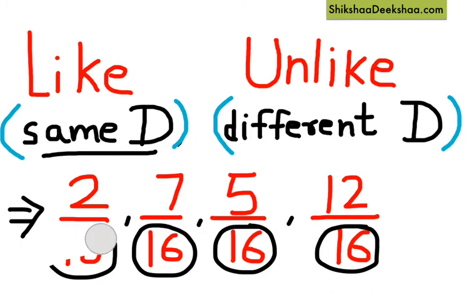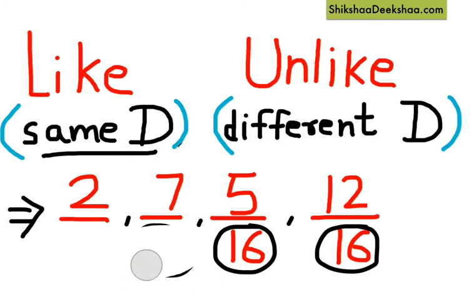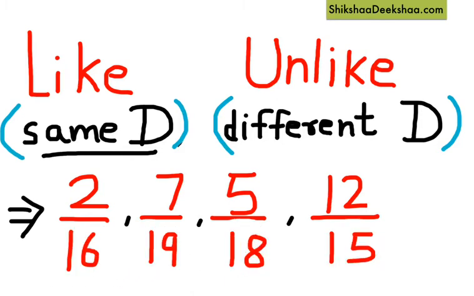But if we have different denominators like this, then we call them unlike fractions. Unlike fractions are fractions with different denominators. And here you can see that all these four fractions have different denominators: 16, 19, 18, and 15. So we call them unlike fractions.